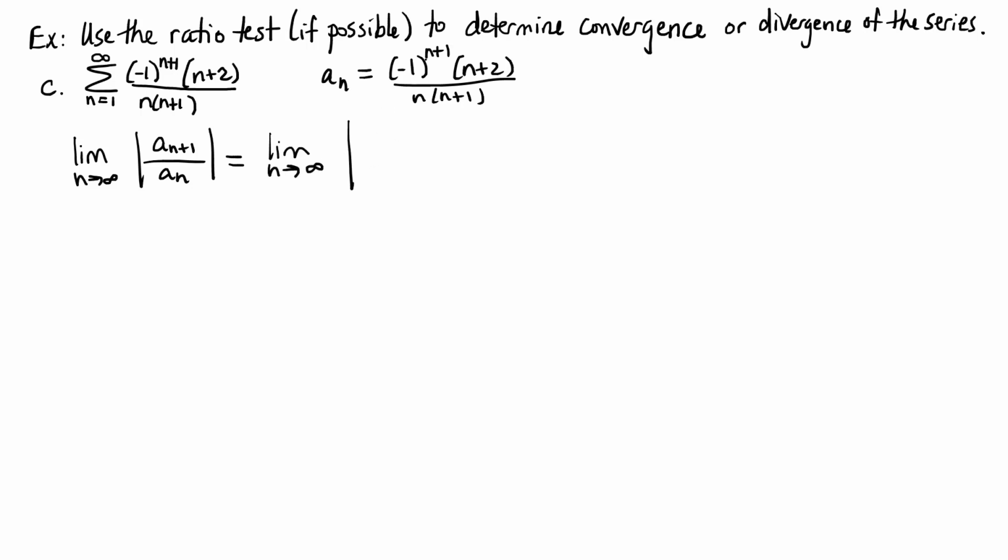Absolute value, we're going to have (-1)^(n+2) times (n+2) times (n+3), because we're doing one more, and we're going to have n+1+2, in other words, n+3. And then we're going to have n+1 and n+2. So this would be the a sub n+1 term, and we are dividing that by the a sub n term, which is just the original.